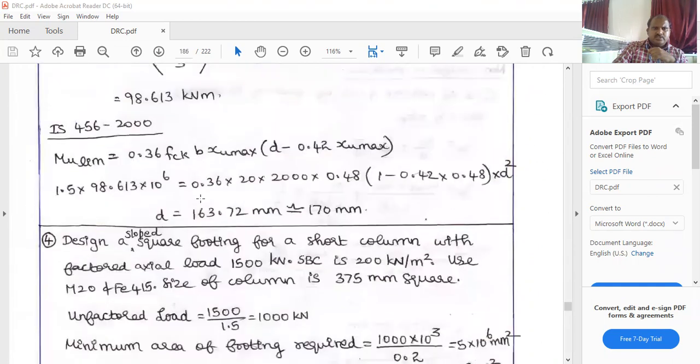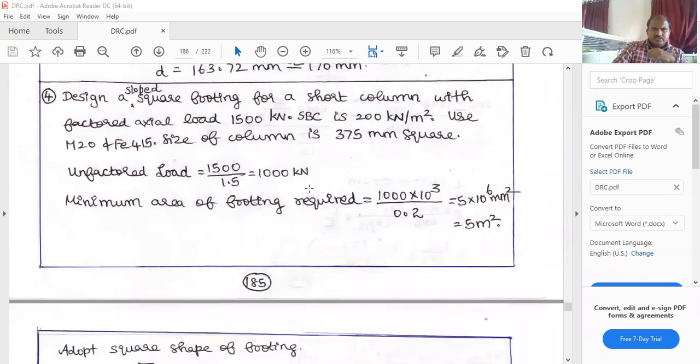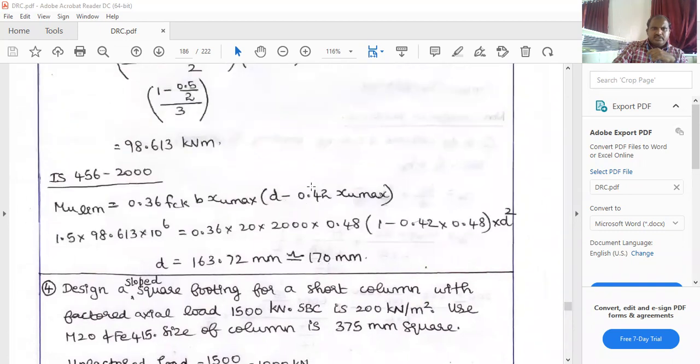Next, we have to find out the depth. Mu limit equal to 0.138 fck xu max, d minus 0.42 xu max. So finally, all the values are known. The only unknown value is depth. So we found depth 163.70 mm, say 170 mm. This problem shows the depth of the footing.